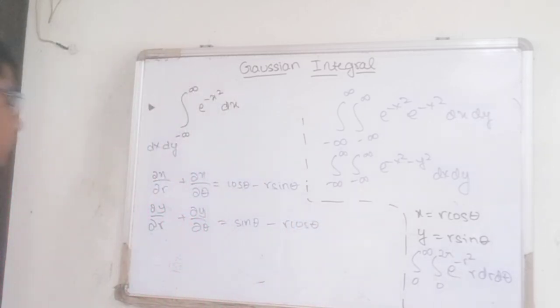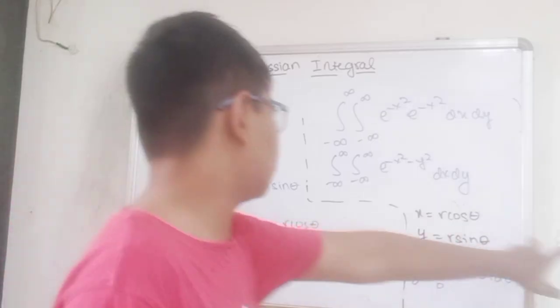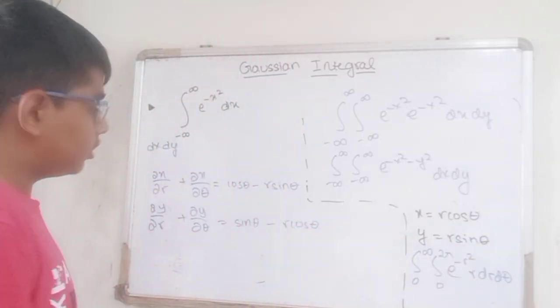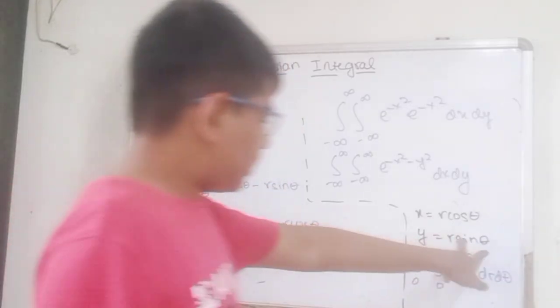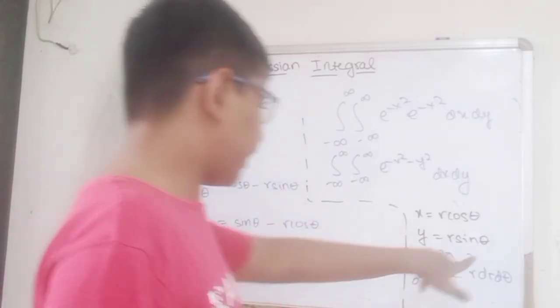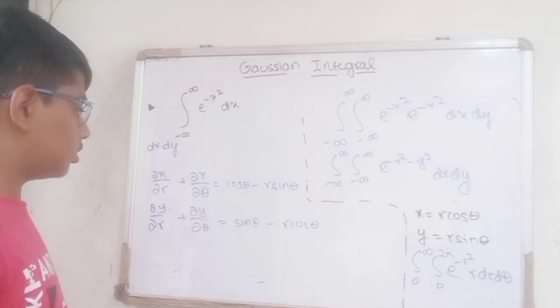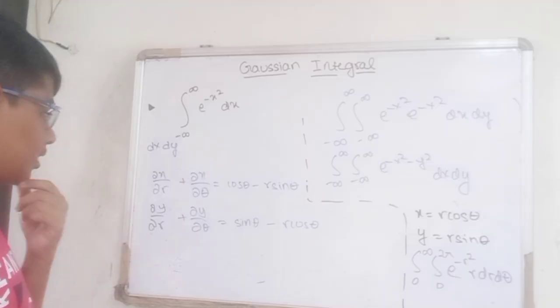We get sin theta because for dy by dr, this becomes the constant, and we take the constant and differentiate. Wait, am I messing up?